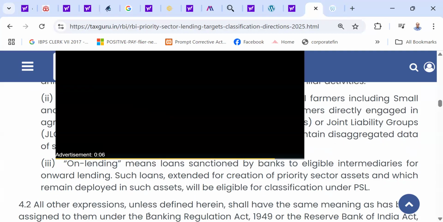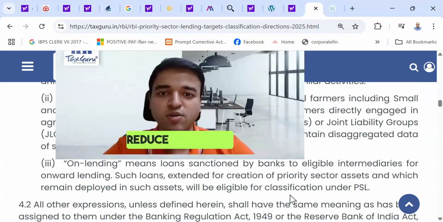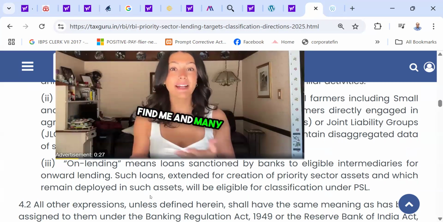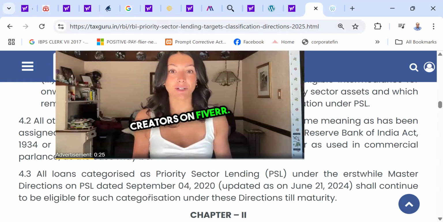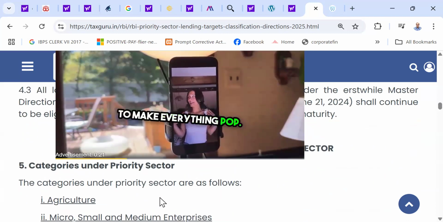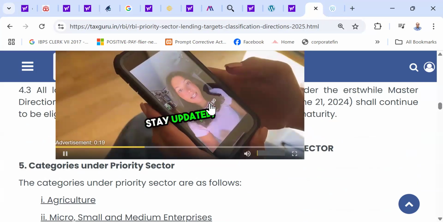On-lending means loans sanctioned by banks to eligible intermediaries. Such loans extended for creation of priority sector assets which remain deployed in such assets will be eligible for classification.